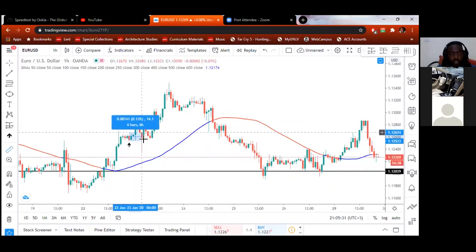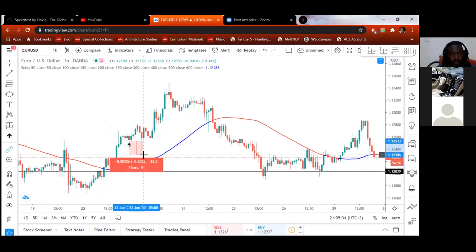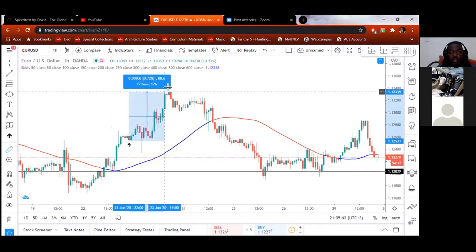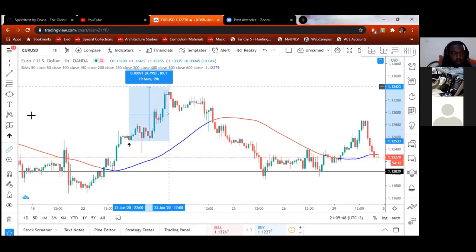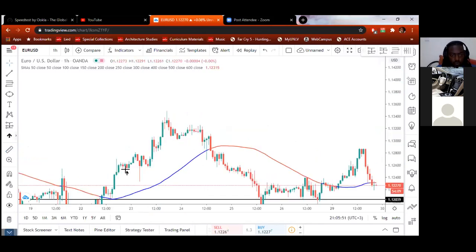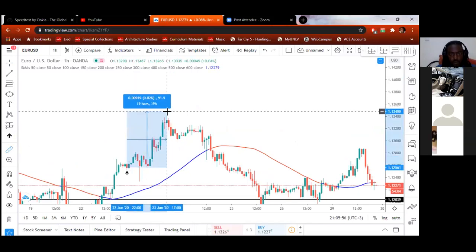Over the next 6 hours it went down about 20 pips, to eventually go up and top off at about 93 pips after 19 hours. So this is the reality of this trade.